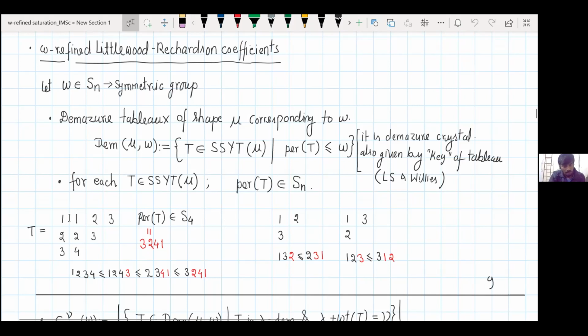I am writing the permutation in one-line notation. What is the first permutation? First you write the entries of the first column in this order, 1, 2, 3, and put the remaining entry, so it's 1 2 3 4. It's just the identity permutation.